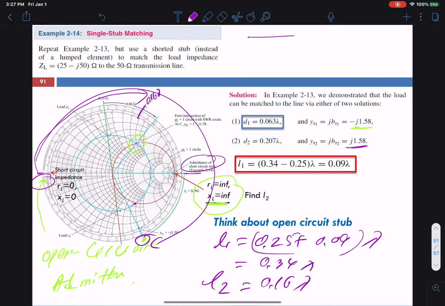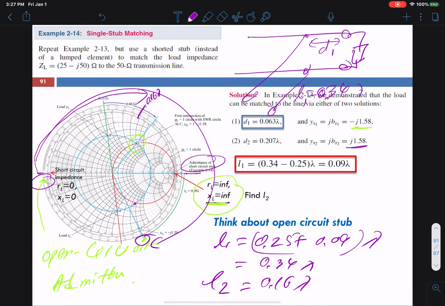So over here, this is the load, right? Let's say this is the D1 distance. If I use the open circuit at D1, I need 0.34, so L1 would be 0.34 lambda.